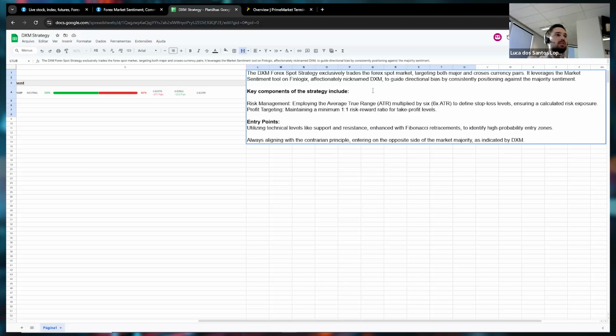The key components include risk management. Risk management employs the average true range, the ATR, multiplied by 6 to define the stop loss levels. Whatever it says on the ATR, you multiply that by 6, and that's where your stop loss price will be.